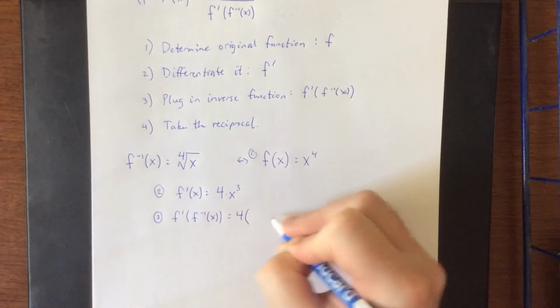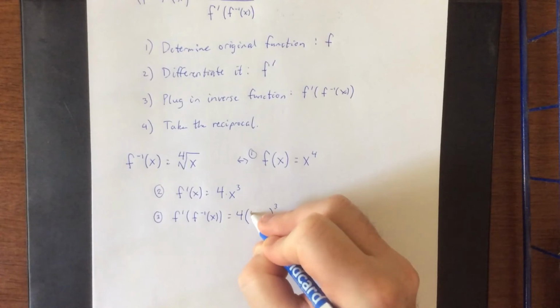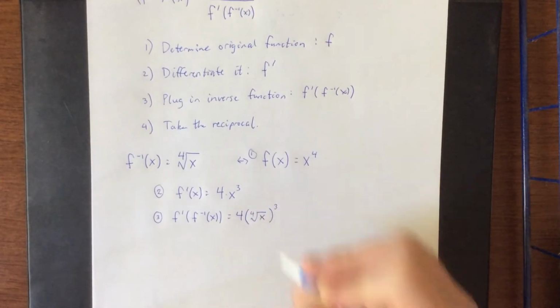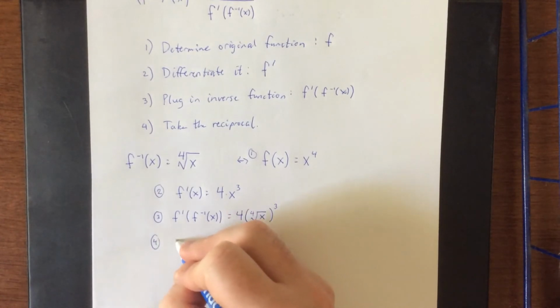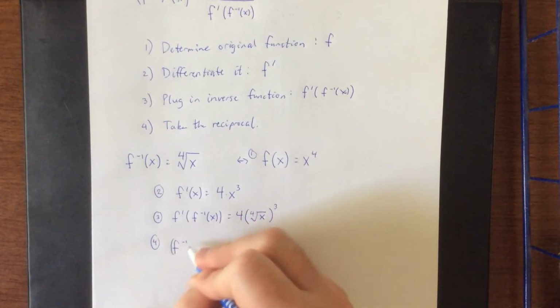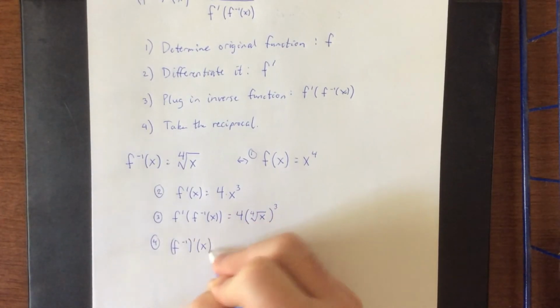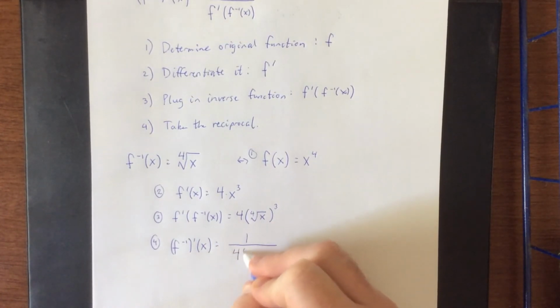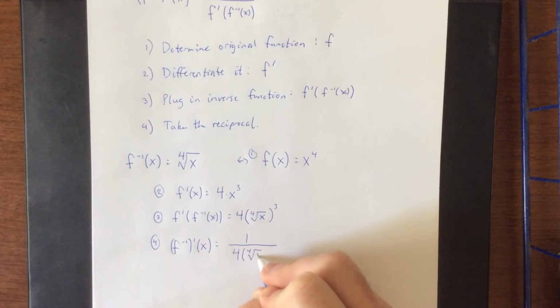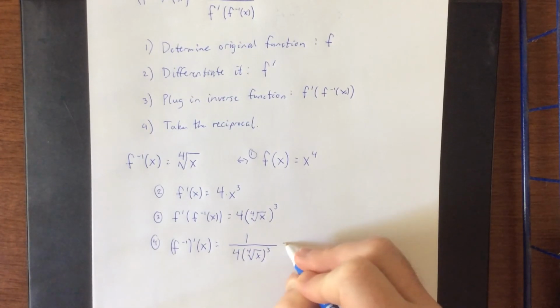This would be 4 times our input cubed. That would be the fourth root of x. And then finally, the derivative of f inverse of x would be the reciprocal of what we see here. This would be 1 over 4 times the fourth root of x quantity cubed.